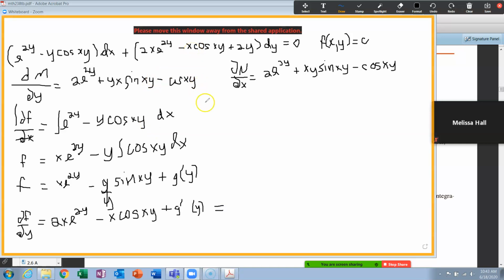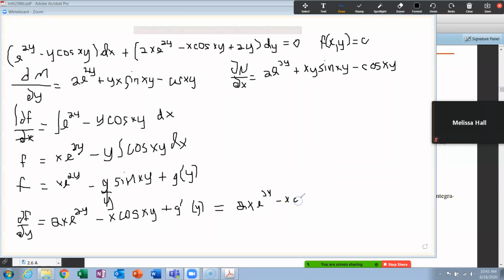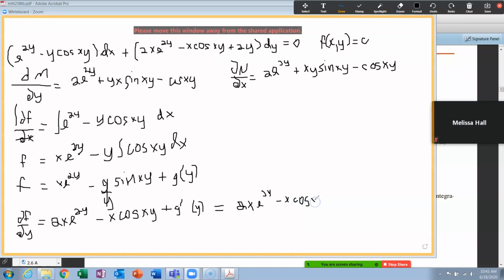So this should be 2x e to the 2y minus x cosine xy plus 2y.